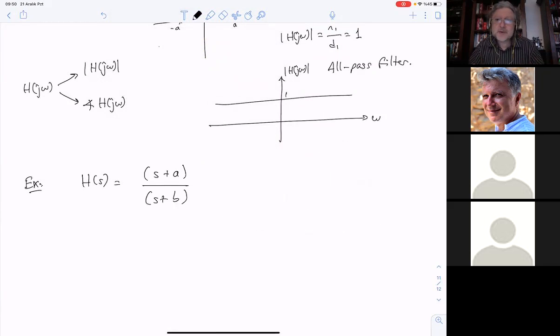Okay, suppose this was your system. How do you equalize this system? The way to equalize it is, if there is a zero at minus a, let's put a pole at minus a.